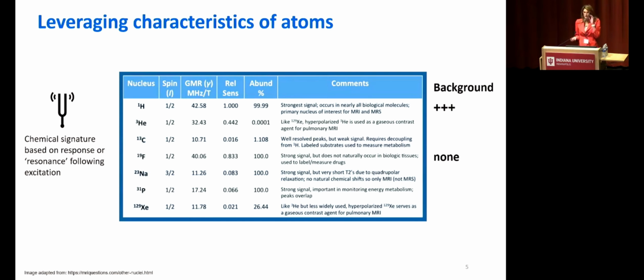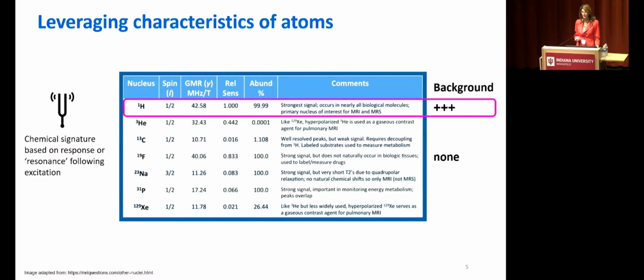So what atoms are good candidates for MRS? The table that you see here are the most common. And by far the most researched and published on is proton MRS, which is that top one, H1. It helps to detect neurometabolites in the brain, like GABA, glutamate, glutamine, and so on.